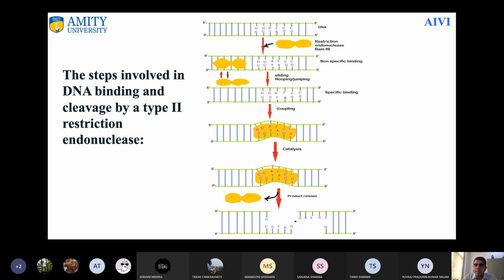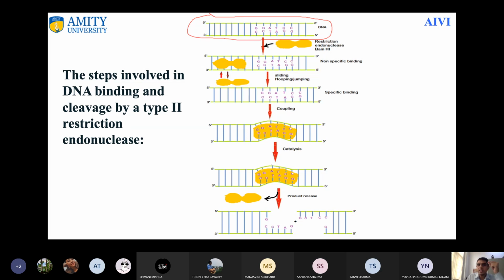So first simple thing, as you can see, just a moment. This is the DNA. DNA is going to be double stranded, and in this DNA there is going to be a recognition site where the enzyme is going to produce a cut.